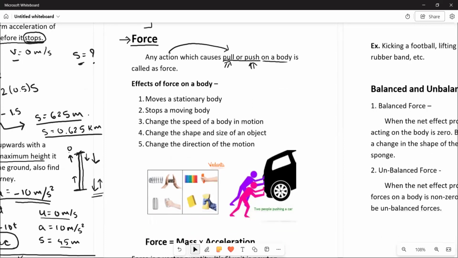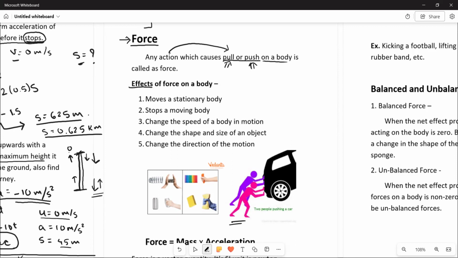Okay. So whenever a body is pulled or pushed, there are certain effects seen on the body. The first effect is that force can move a stationary body. See, these two people in this example, they are pushing a car.